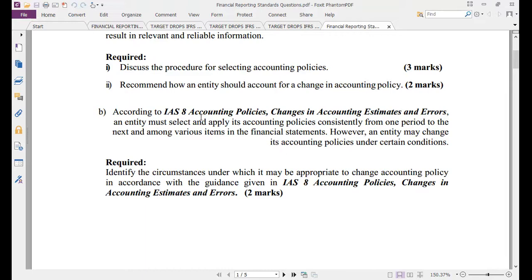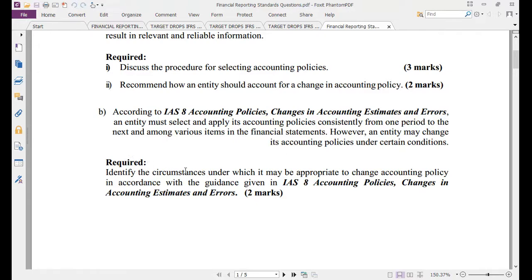According to IAS 8, Accounting Policies, Changes in Accounting Estimates and Errors, an entity must select and apply an accounting policy consistently from one period to the next and among various items in the financial statements. However, an entity may change its accounting policy under certain conditions.